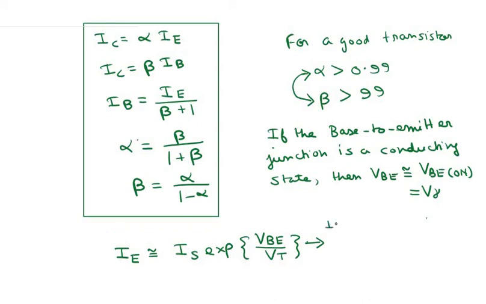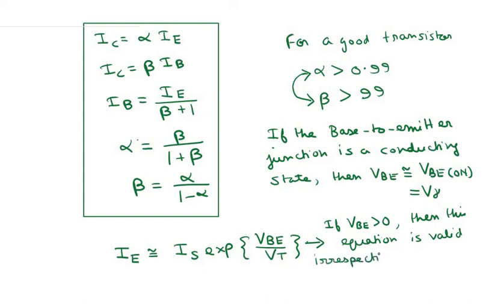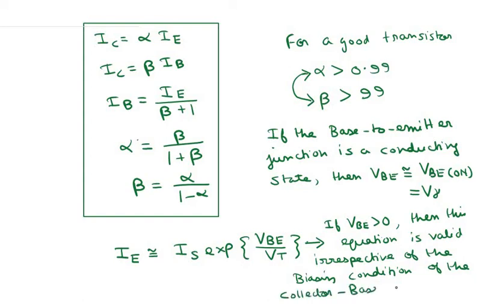So if VBE is greater than 0, then this equation is valid irrespective of the biasing condition of the collector to base junction.